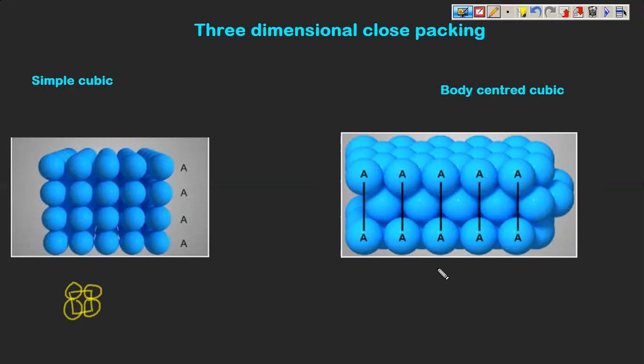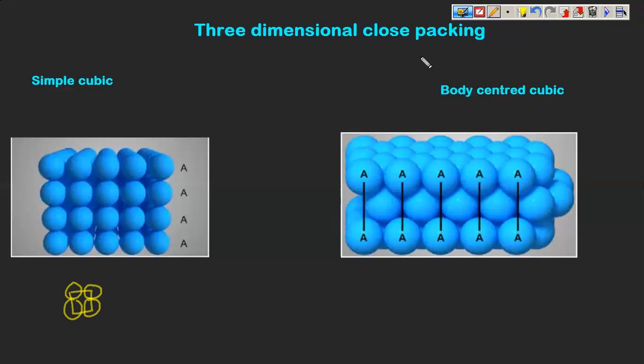In body centered cubic, the particles are arranged in the depressions of the first layer. First of all, we place two square close packed layers aligned to each other. It will become a simple cubic structure.